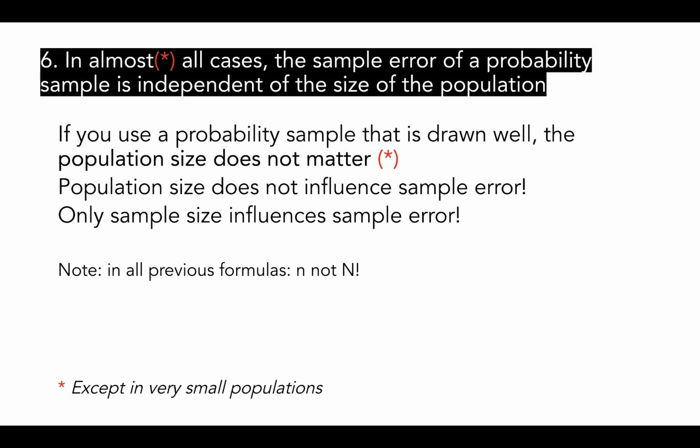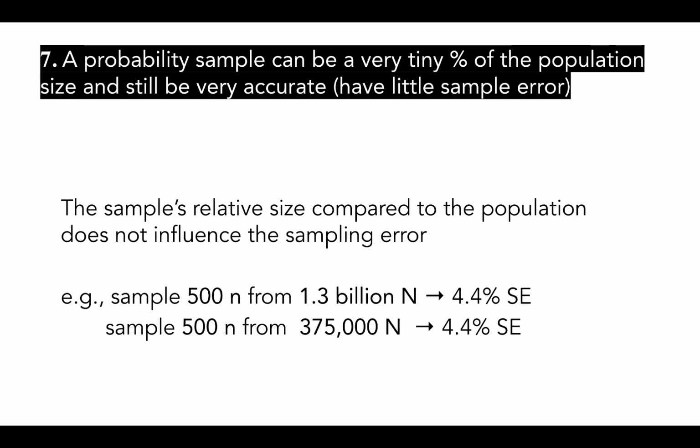That's just an exception that I want you to know about for the sake of accuracy of what I'm telling you. But the size of the population in most cases does not matter. In other words, a probability sample can actually be a very tiny proportion of the population. So you can gather a very small sample of a very large population and still have very accurate results, right?